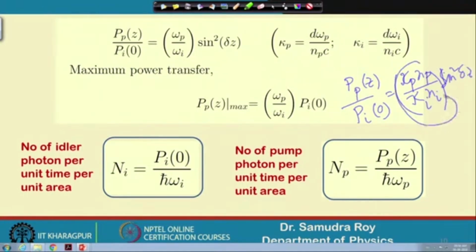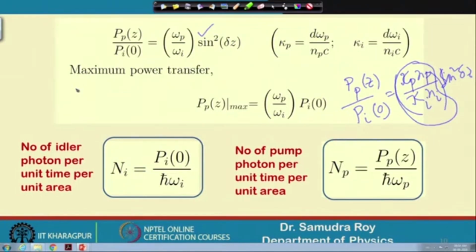So, if I replace this quantity, then we find that kappa p n p is d omega p divided by c and kappa I n i is d omega I divided by c. So, their ratio simply became omega p divided by omega I. Sine square delta z term will be there as usual.